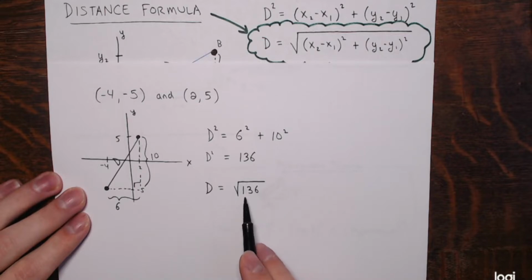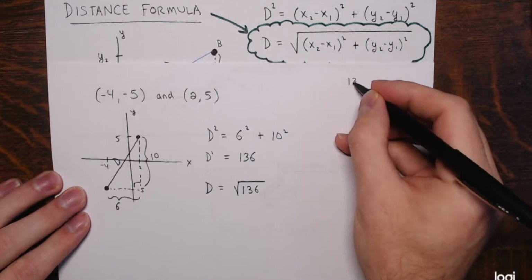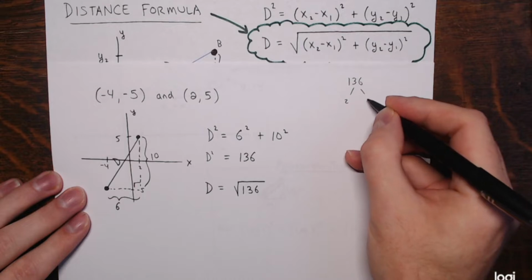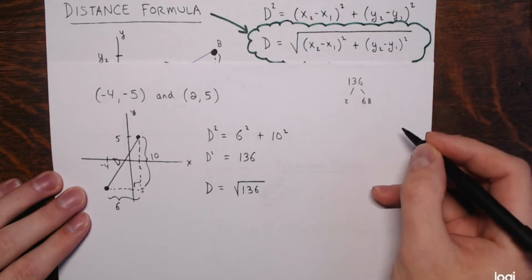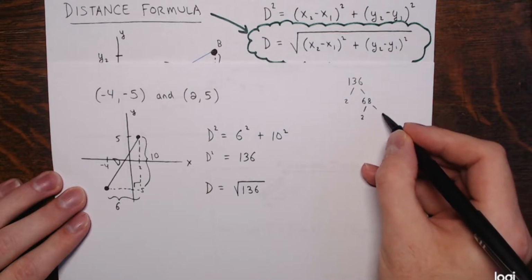If there are any factors of 136 that are perfect squares, you should factor them out and then take the square root of that and use the product rule for radicals. Now let's see, 136 is 2 times 68, and this is 2 times 34.